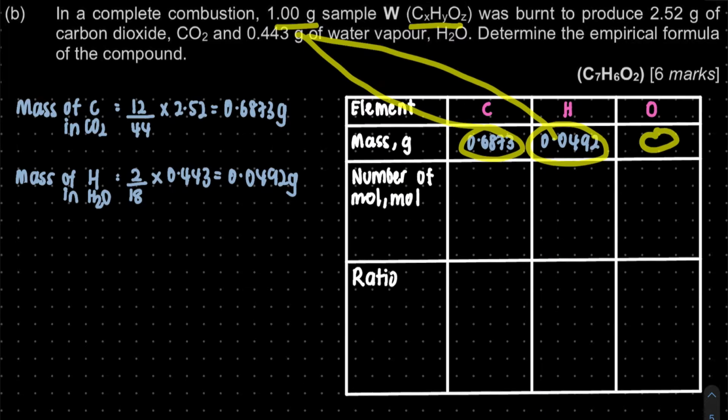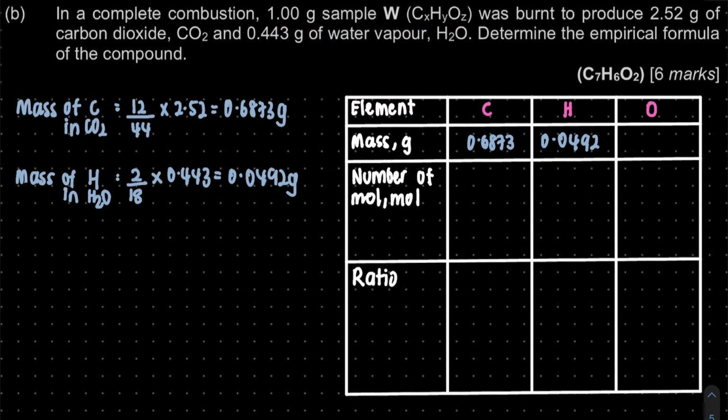Then we can find out the value of oxygen. So I'm just going to write down the mass of oxygen. The total is 1 based on the question itself, minus these 2 values, to get the value of oxygen itself. The value of oxygen will be 0.2635 gram. So we're going to substitute into our Marmora table.